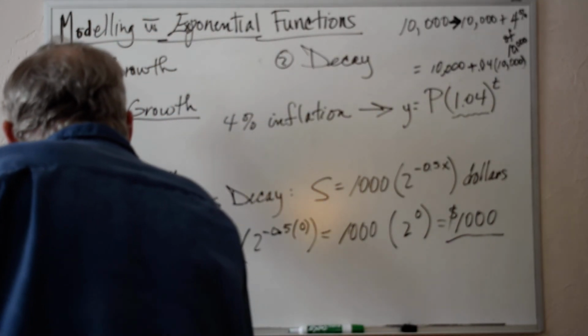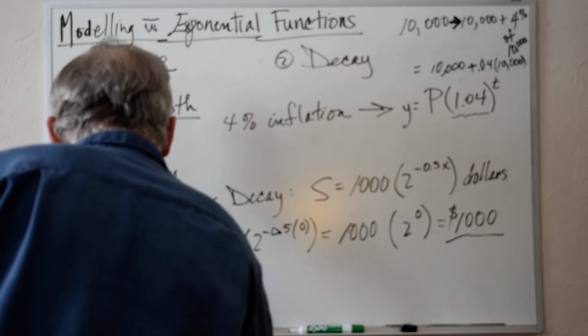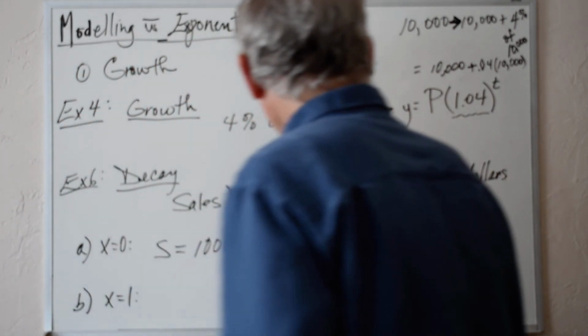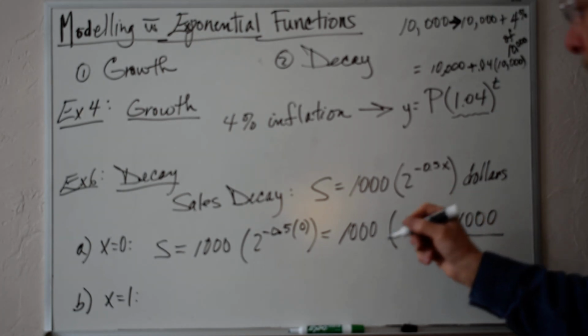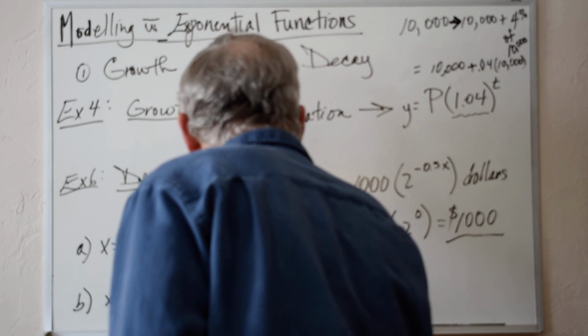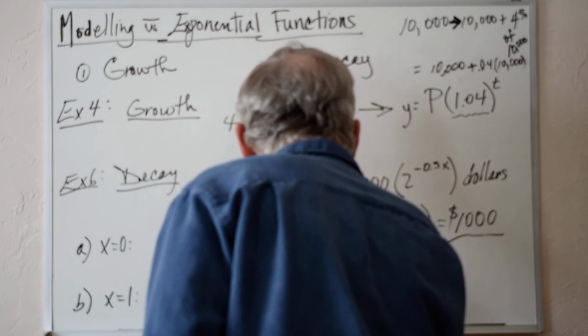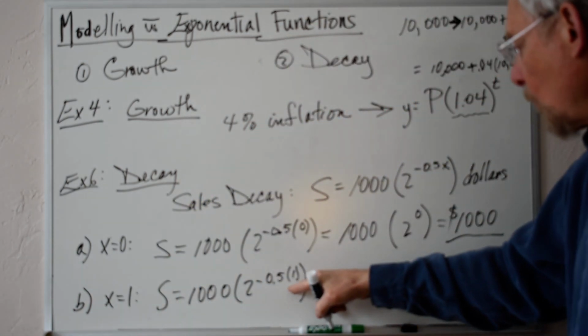In part B, I say, all right, what happens after 1 week? Sales are going to go down. I have to take my formula and replace X with 1.